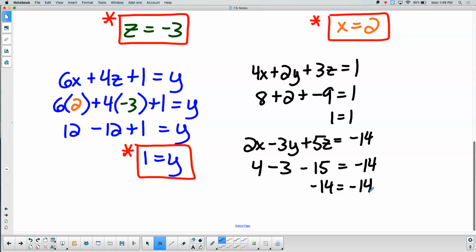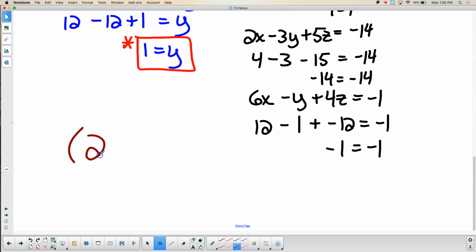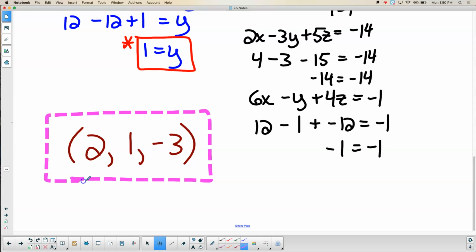Third equation: x minus y plus 4z equals negative 1. 6 times 2 is 12 minus 1 plus 4 times negative 3 is negative 12, is negative 1 equals negative 1. Checks out. Final answer 2, 1, negative 3. Questions, comments, concerns, clarifications?